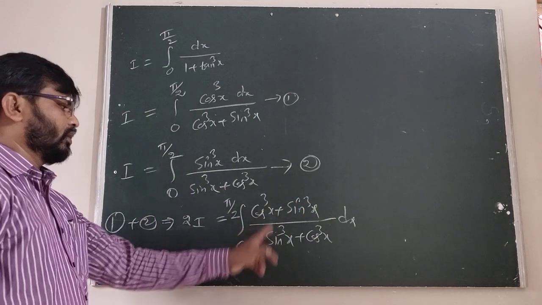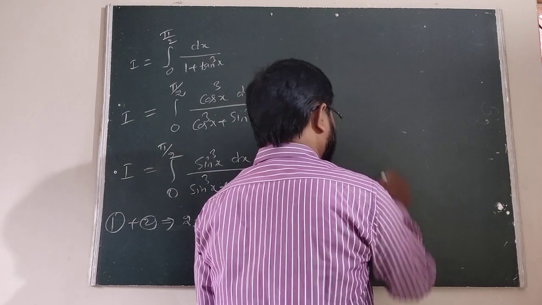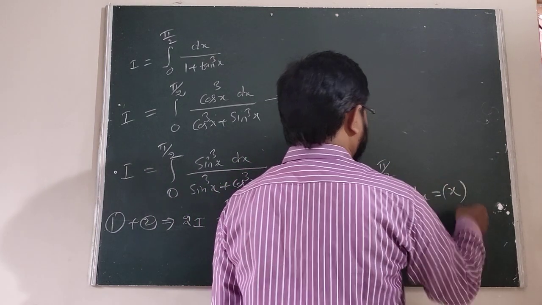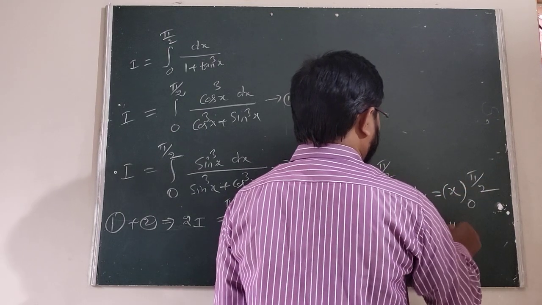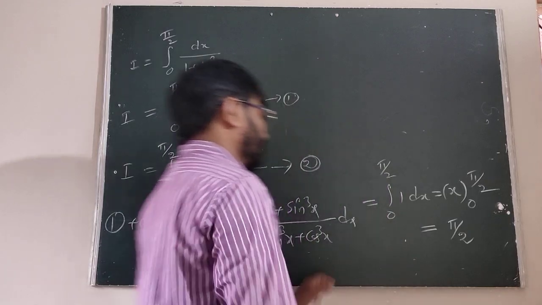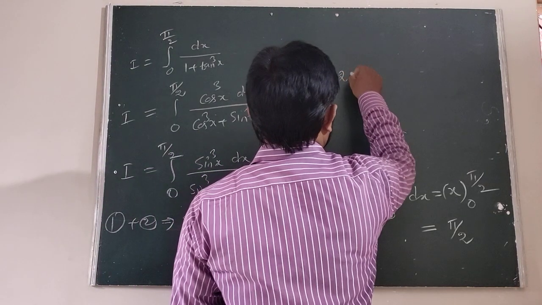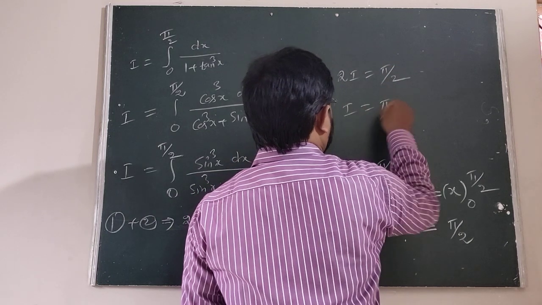Now these two are cancelled, we get 1. Therefore, the integral from 0 to pi by 2 of 1 into dx is x from 0 to pi by 2, which is pi by 2 minus 0, that is pi by 2. Therefore, 2I equals pi by 2, so I equals pi by 4.